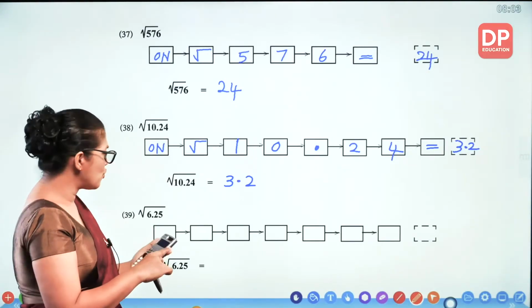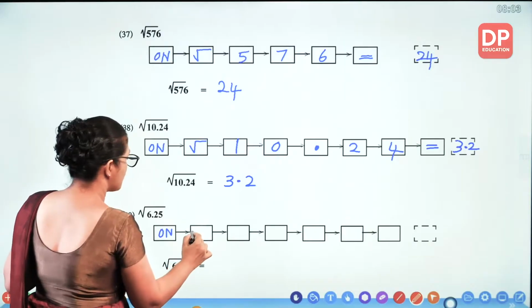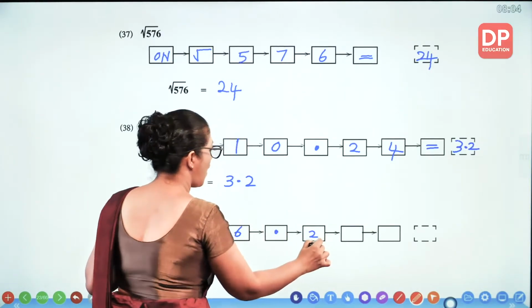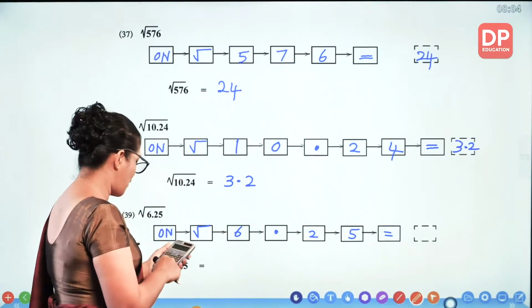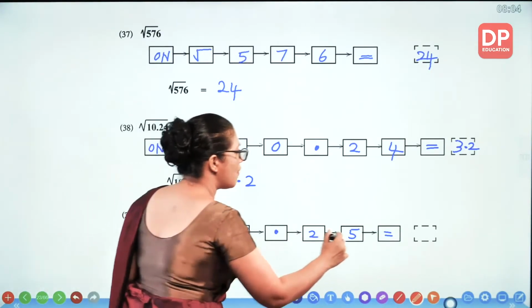Square root of 6.25. So switch on, square root of 6.25. So square root of 6.25 is equal to 2.5.